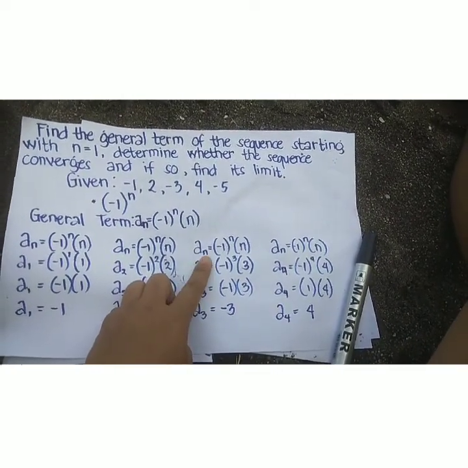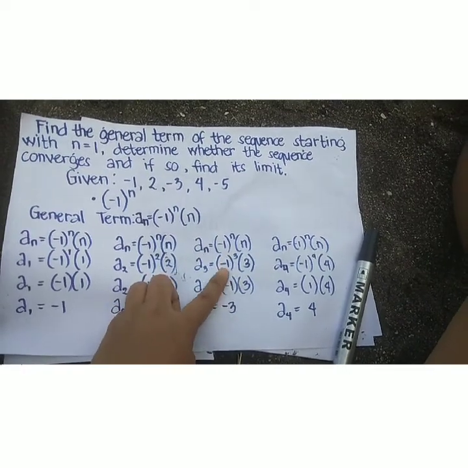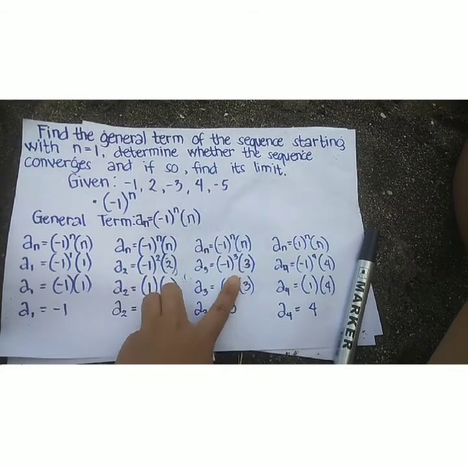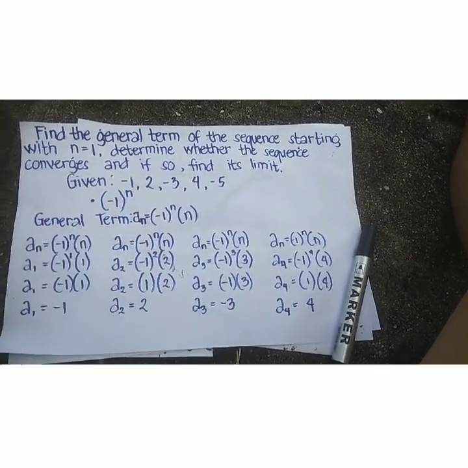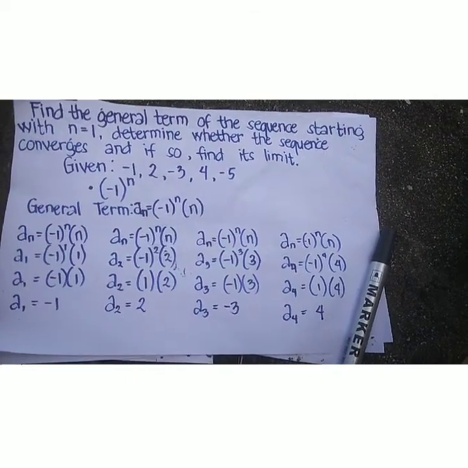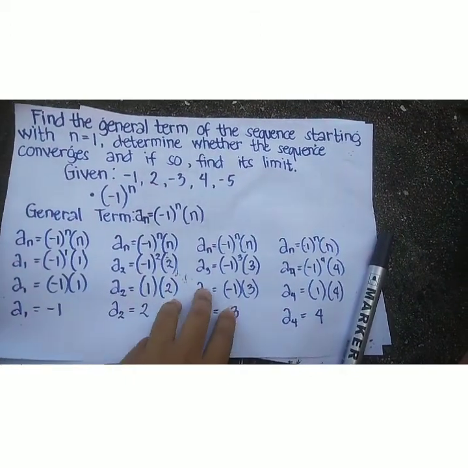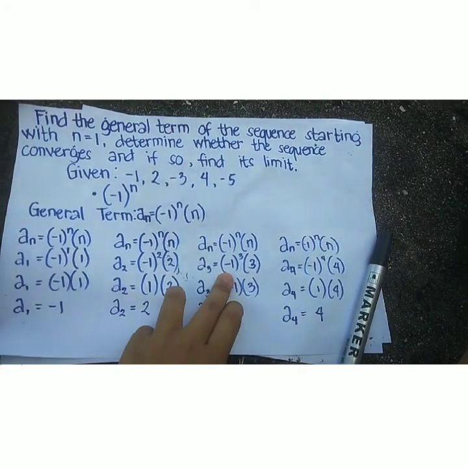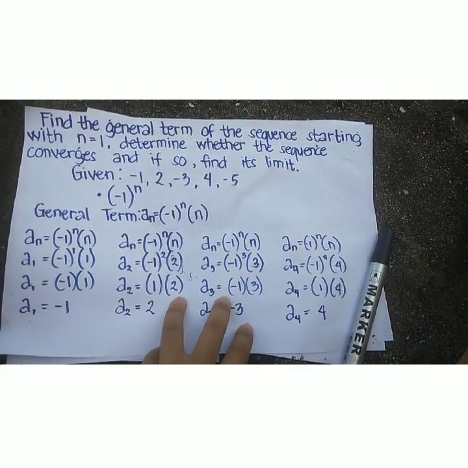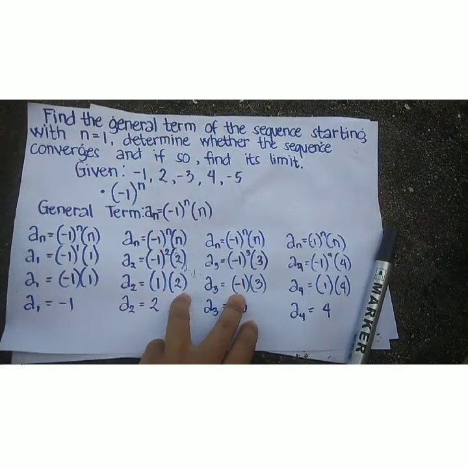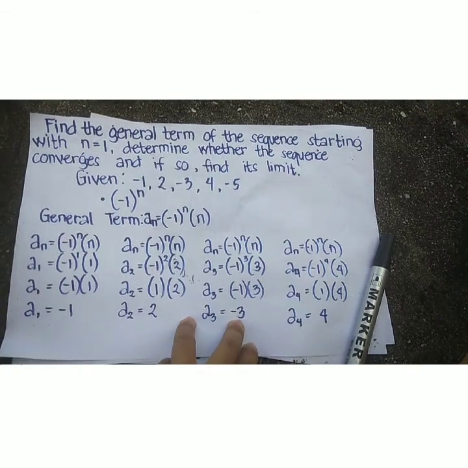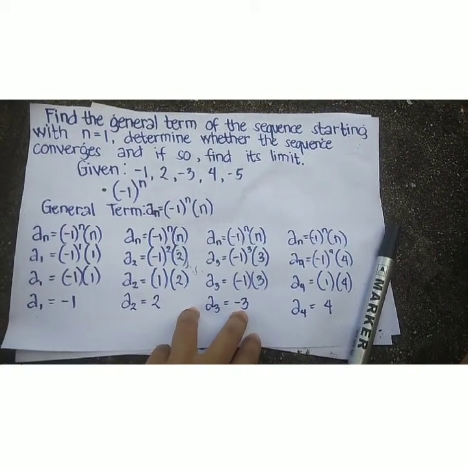So a sub n is equal to -1 raised to the power of n times n. We now plug in our third term, which is 3. So a sub 3 is equal to -1 raised to the power of 3 times 3. a sub 3 is equal to -1 times 3, which is -3.